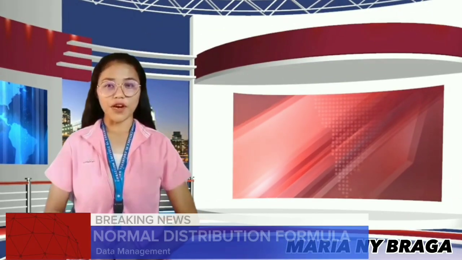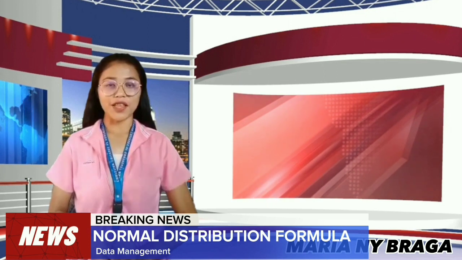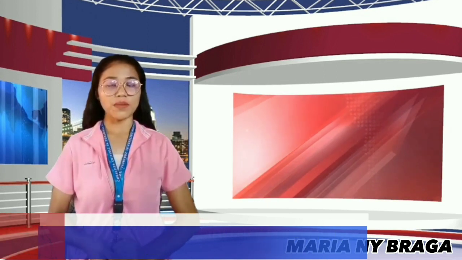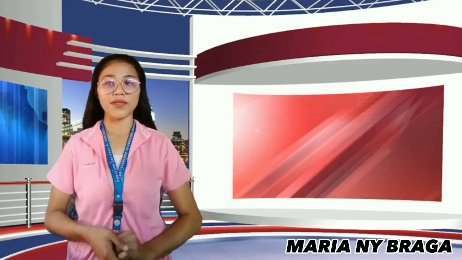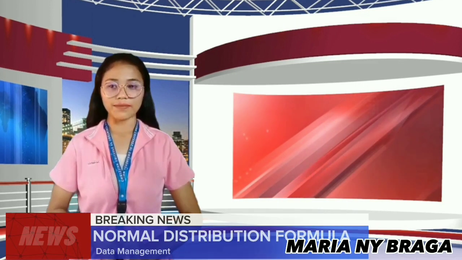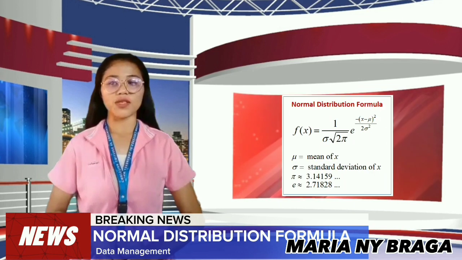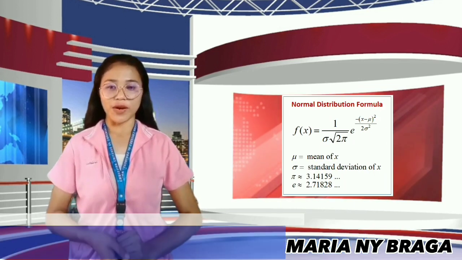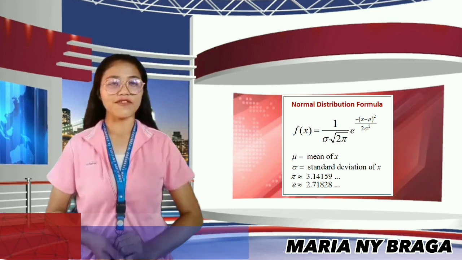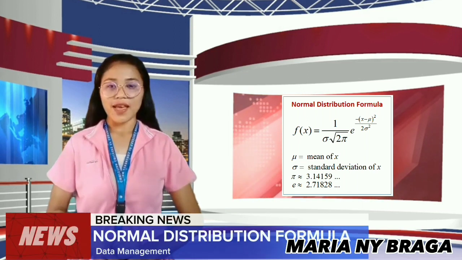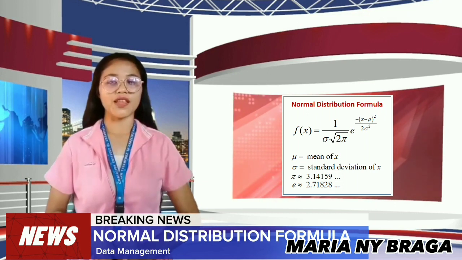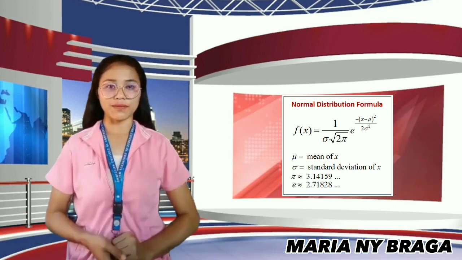For a random variable x with mean and standard deviation, the probability density function for the normal distribution is given by the normal distribution formula. f of x is equal to 1 over the square root of 2 pi times standard deviation, raised to e to the negative open parenthesis, x minus the mean to the power of 2 over 2 times standard deviation squared, close parenthesis.